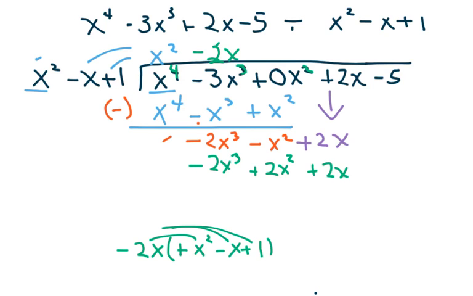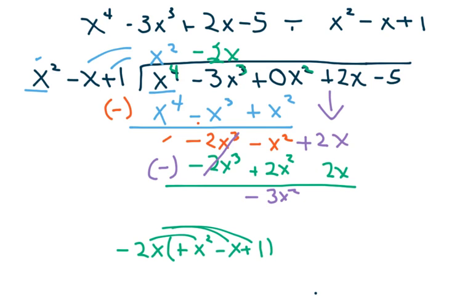Alright, and then you're going to subtract. Okay, when you subtract, let's use purple now. These go away, and you're going to get negative 3x squared, and then this should have been a minus here, sorry.